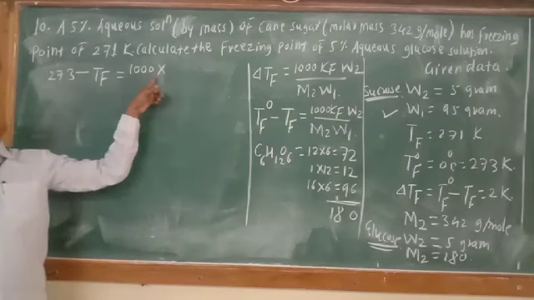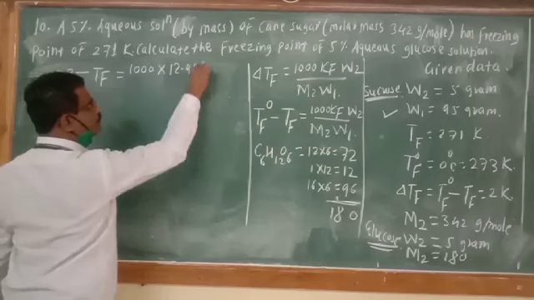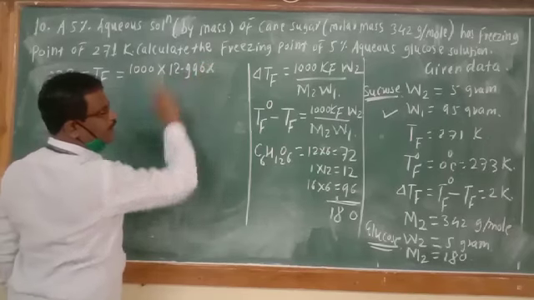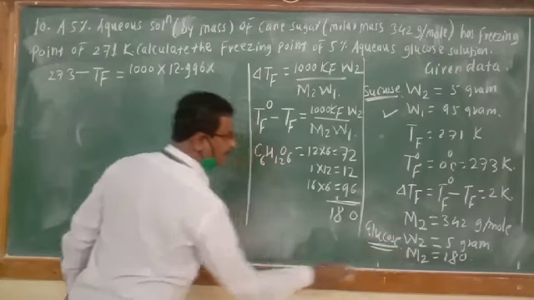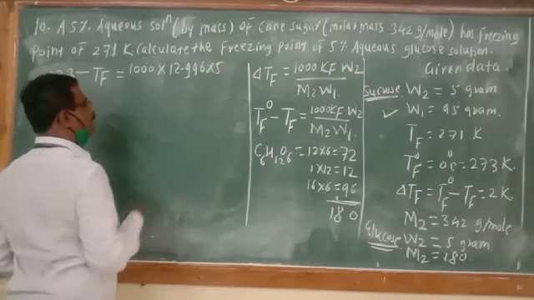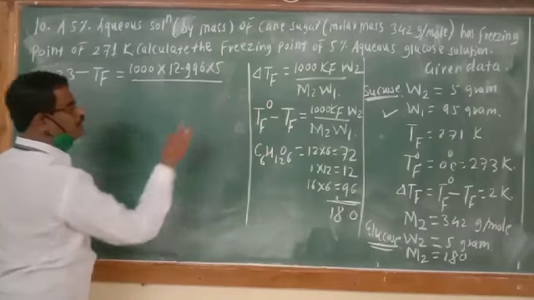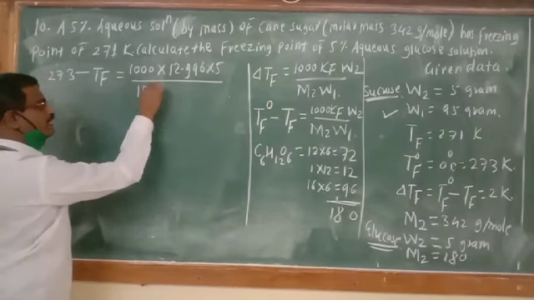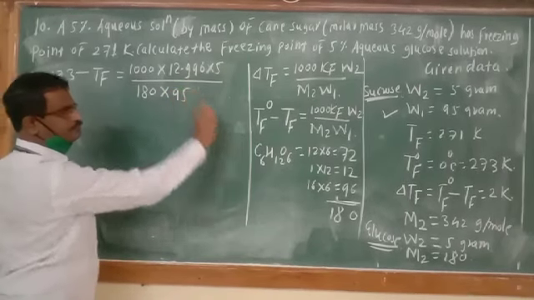Just now we have calculated 12.996, multiplied by W2, 5, divided by M2 W1, M2 now 180, W1 95.